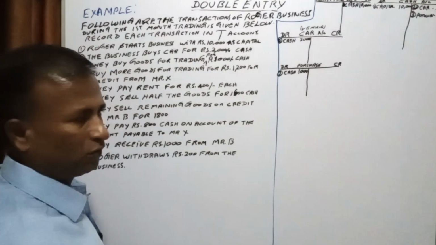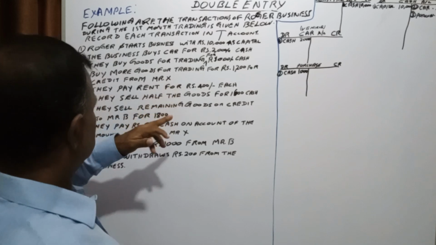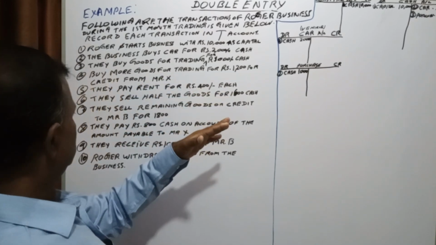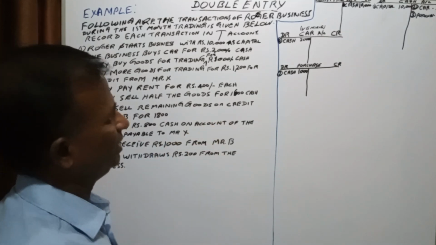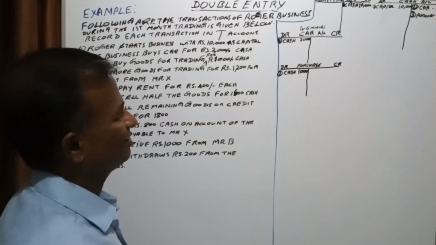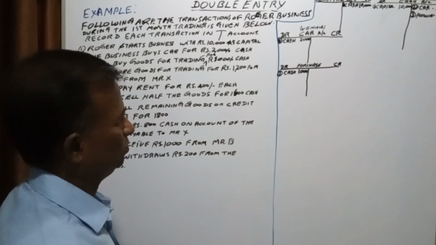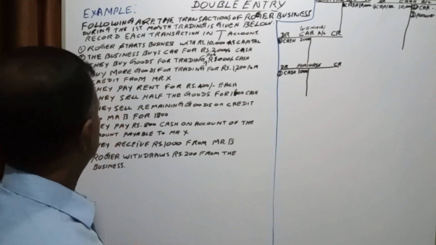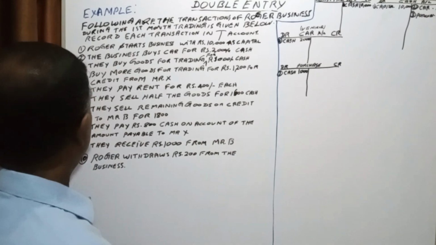Now we go for the fourth one. Buy more goods for trading for rupees 1200 on credit from X. Okay, this is a credit purchase. What are the accounts going to be affected?